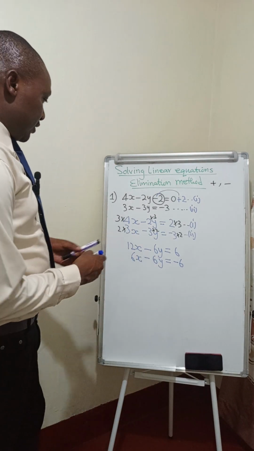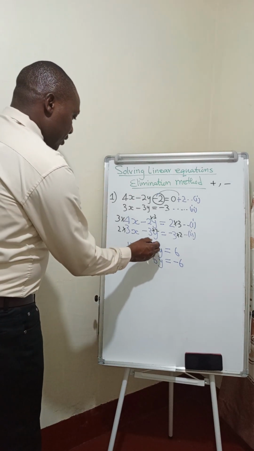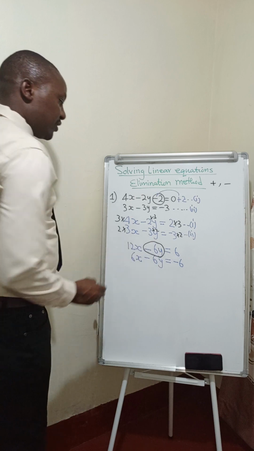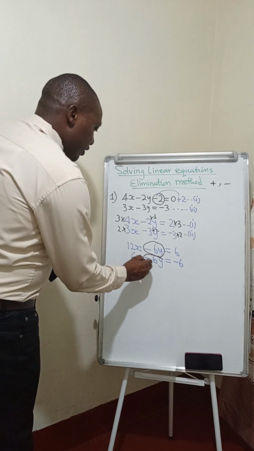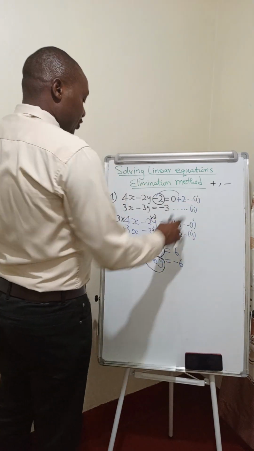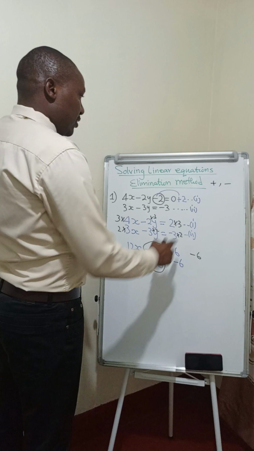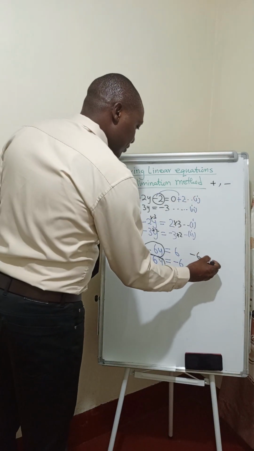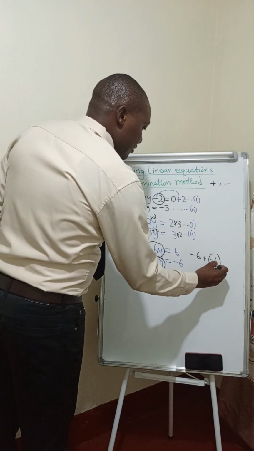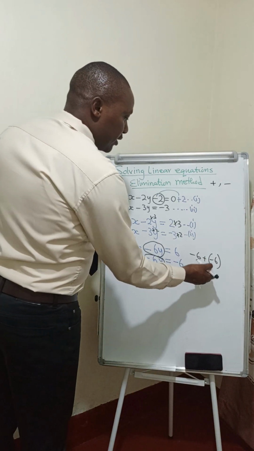Now the question is, we want to eliminate y. This is negative 6y. This one is also negative 6y. Let's test with addition. If we have negative 6 plus negative 6, we have negative 12.